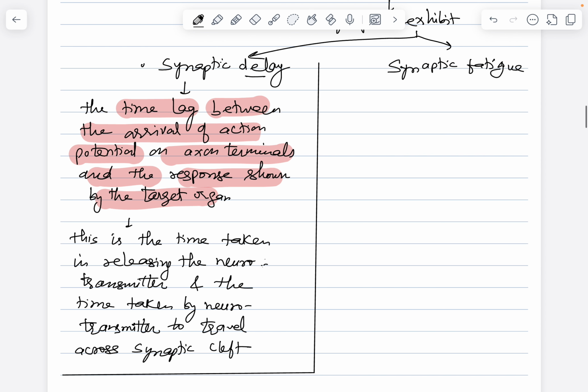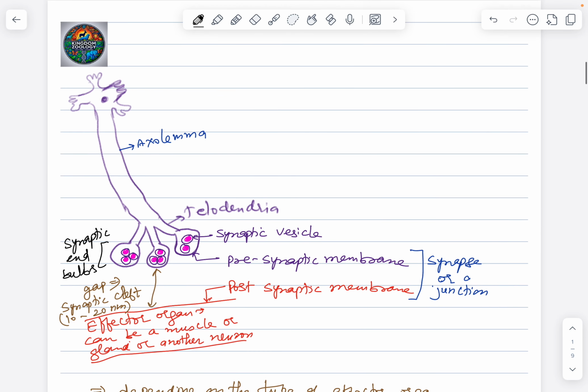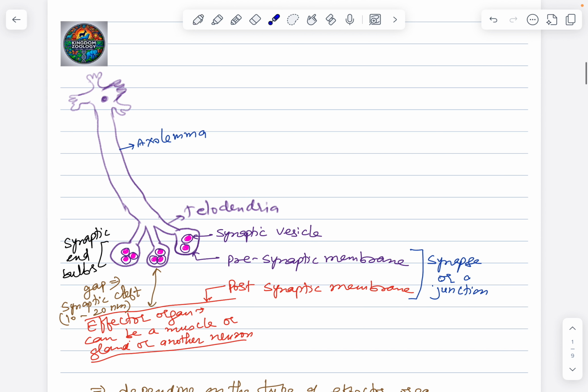Synaptic fatigue. Have you ever noticed that when you hold an ice block in your hand, for some time the ice block is going to feel very cold, but after some time we say our hand becomes numb. What is the meaning of that numbness? That numbness is synaptic fatigue, loss of sensation. Let's say I am continuously stimulating the dendrons. There will be continuous traveling of action potential down and continuous release of neurotransmitter.